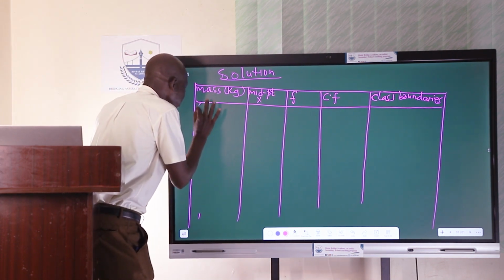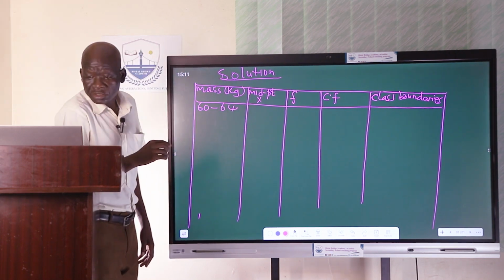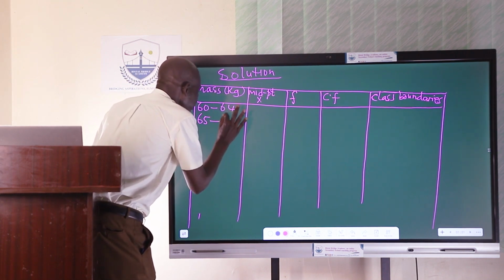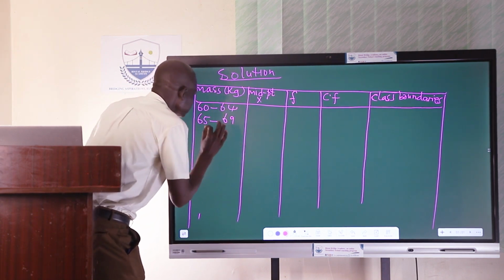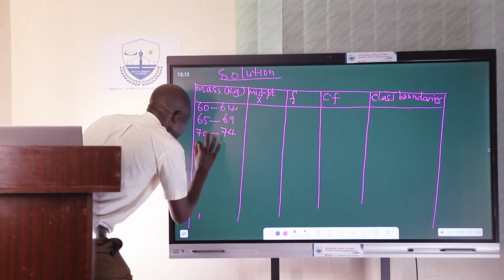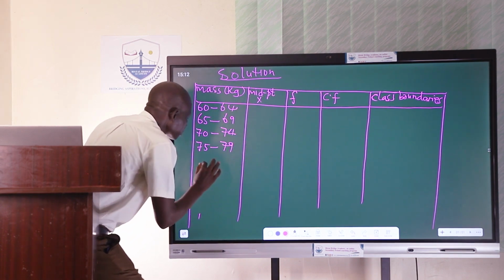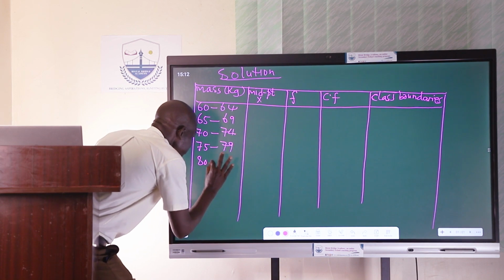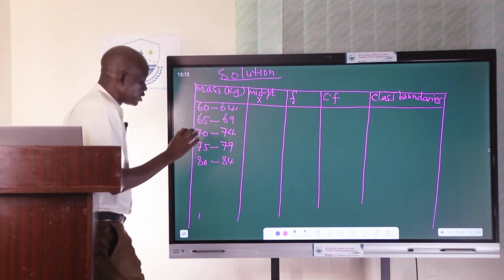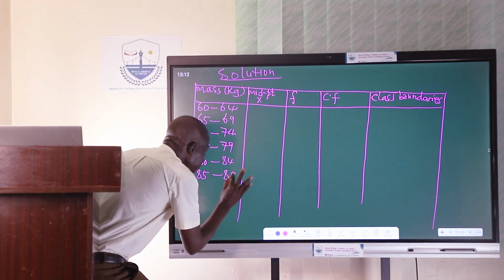The classes here are from 60 to 64, then 65 to 69, then 70 to 74, 75 to 79, 80 to 84, and lastly 85 to 89.